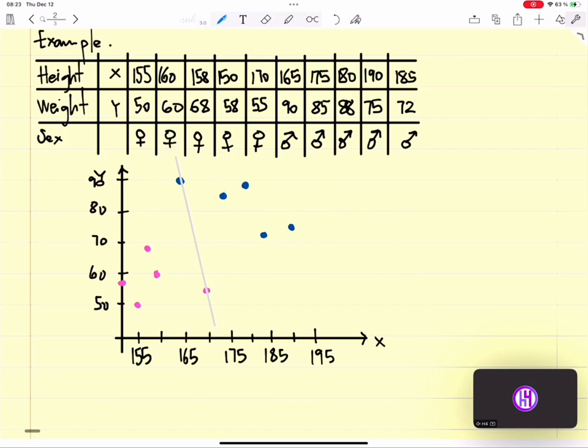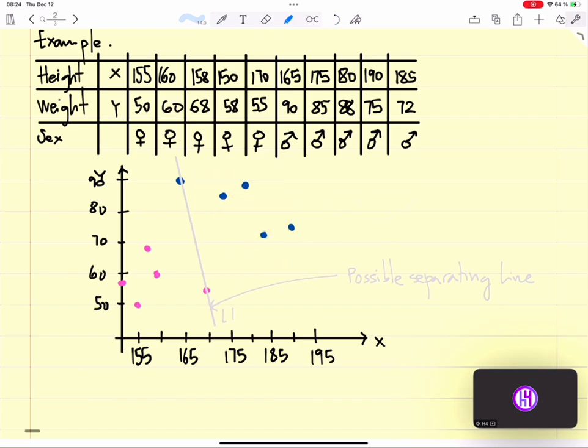So this line, which we will call L1, is a possible separating line, because all the points in light rosa are on one side, and all the points in blue are on the other.